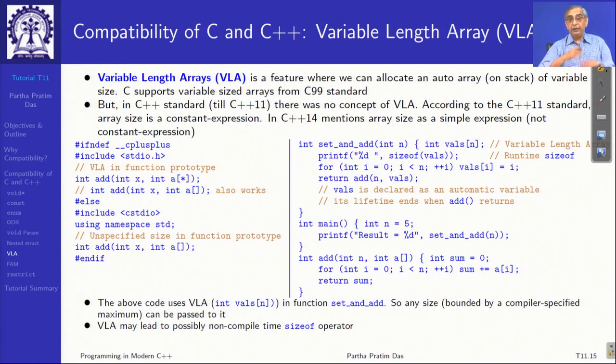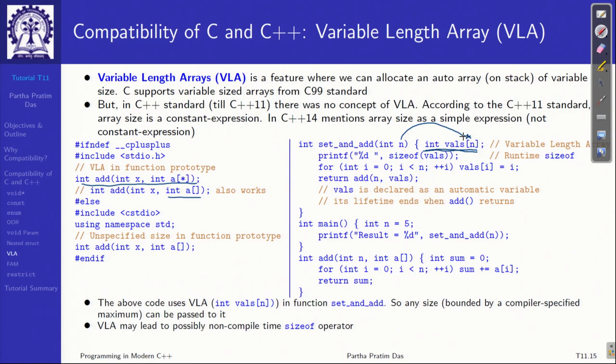Variable length array is a well talked of feature in C, where you can pass an array without a fixed size, and you can deal with that. This is the way you can say I have a variable length array. You can also say this. Now, here in this function set and add, I have declared this, where n is a parameter.